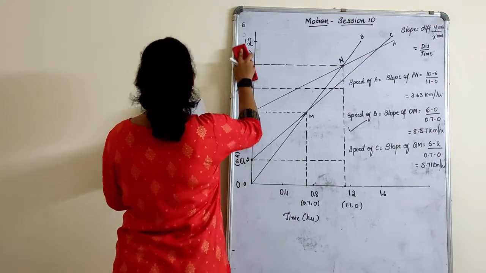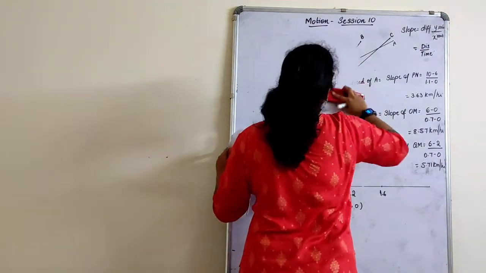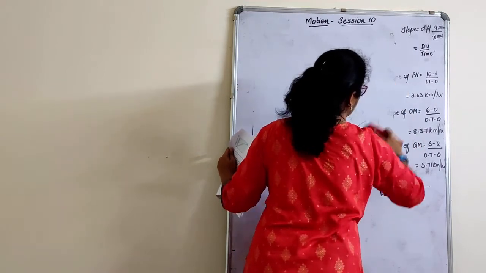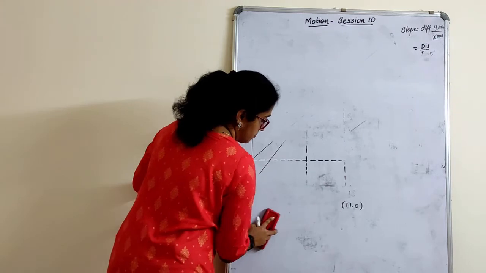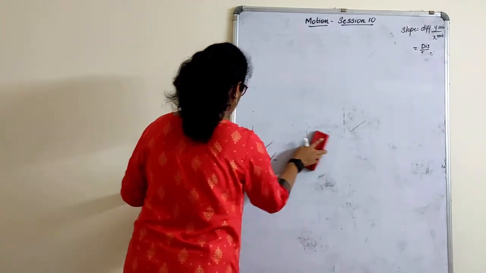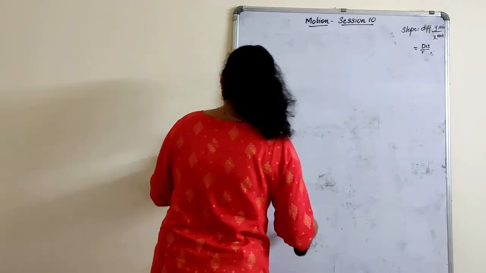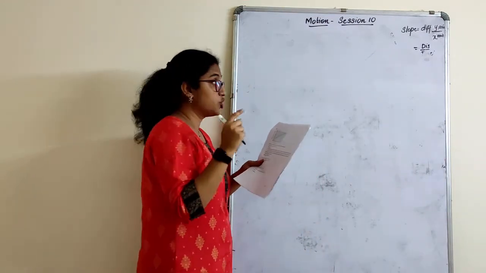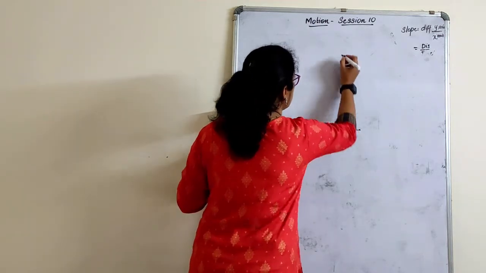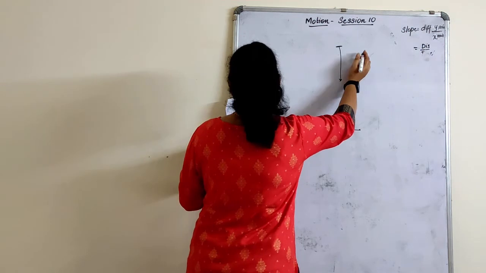That is the 7th one from the textbook. A ball is gently dropped from a height. Now acceleration is positive. So this is ground. So the ball is gently dropped from a height.